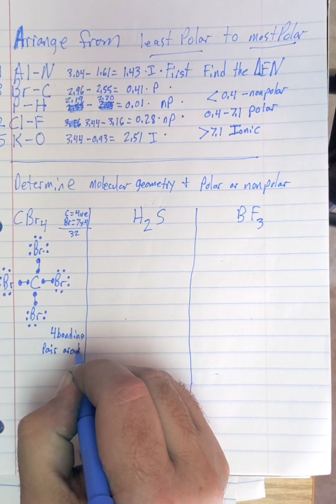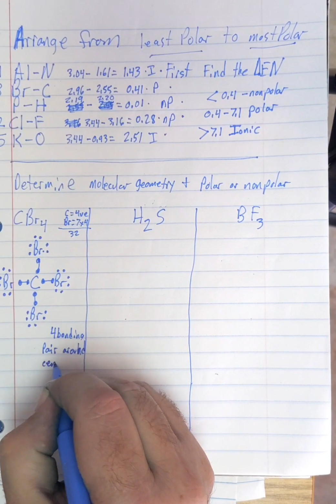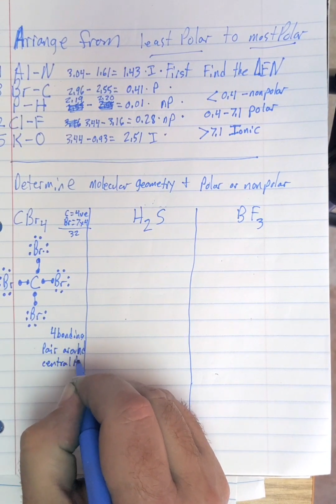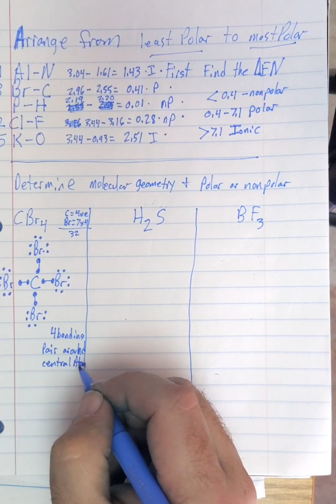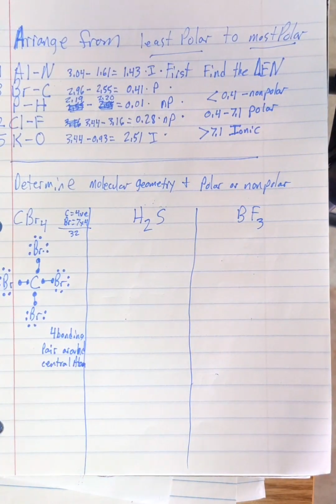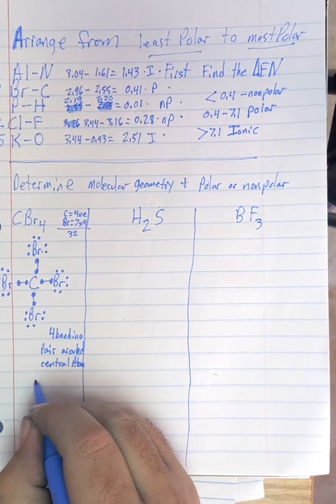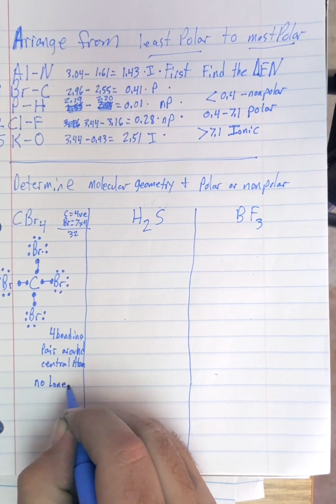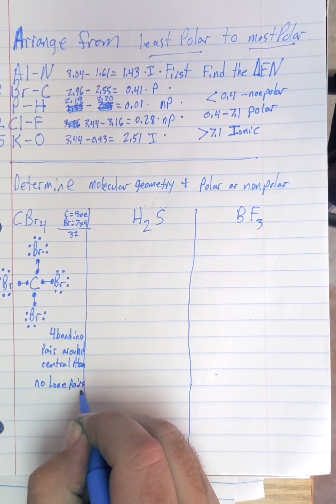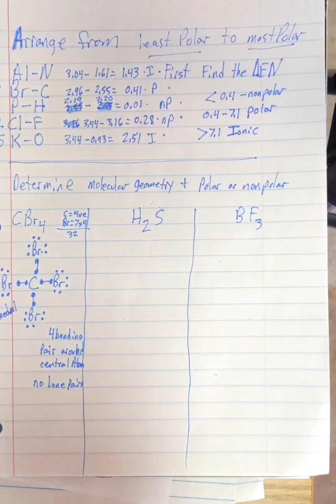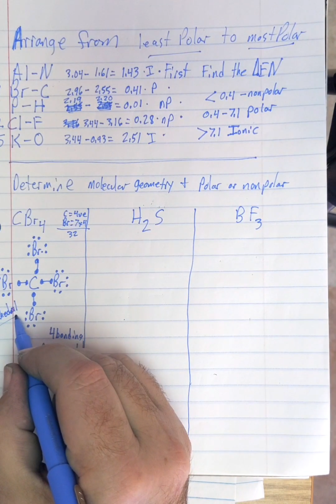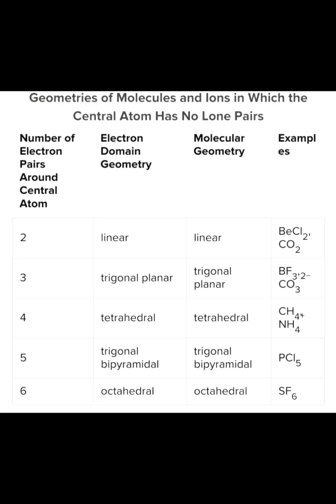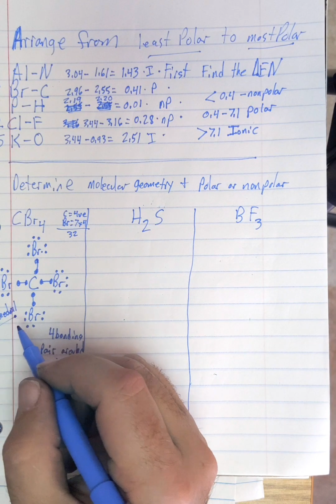So we have 4 bonding pairs and no lone pairs. When we look it up, we can see that with 4 bonding pairs around it, it's tetrahedral.